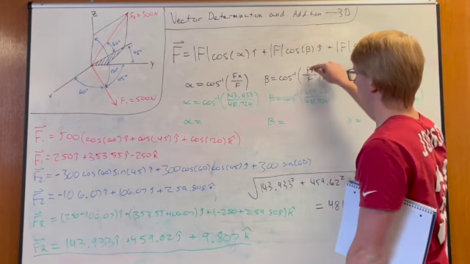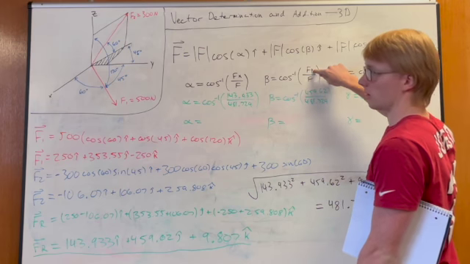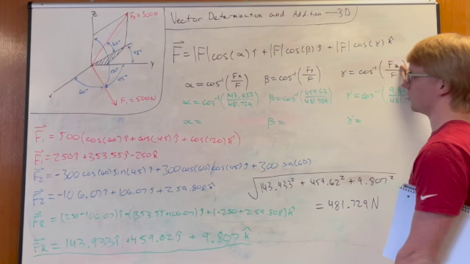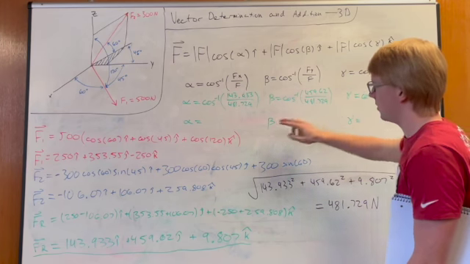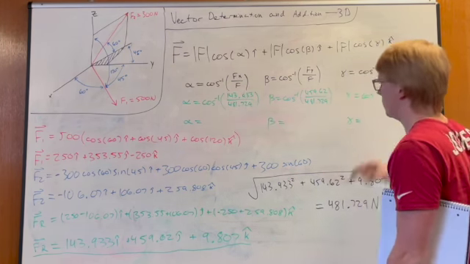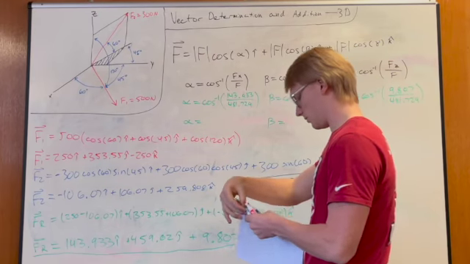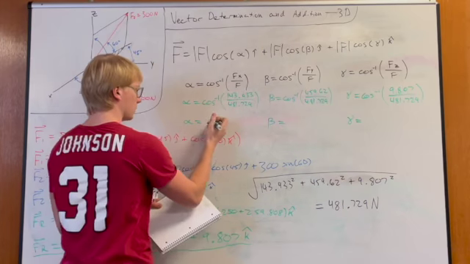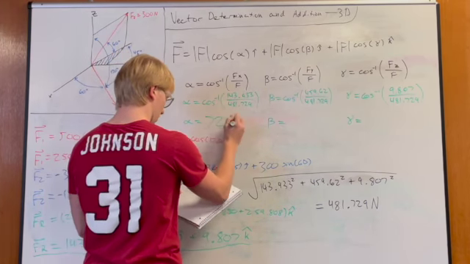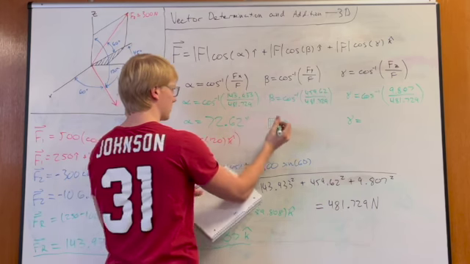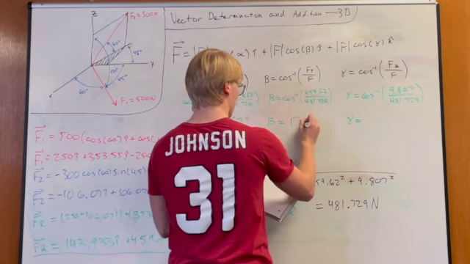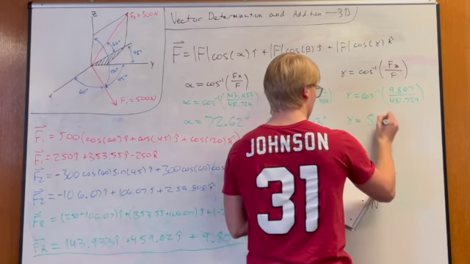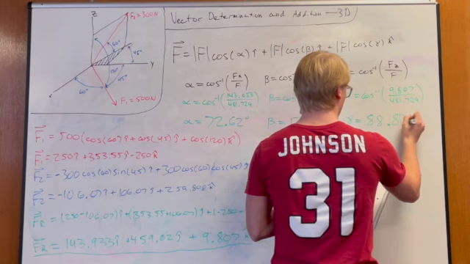Beta is the same thing, except the numerator is the y component, and gamma is the same thing, except the numerator is the z component. So this is the math for it, and these are the answers that you would get: 72.62 degrees, 17.43 degrees, and 88.83 degrees.